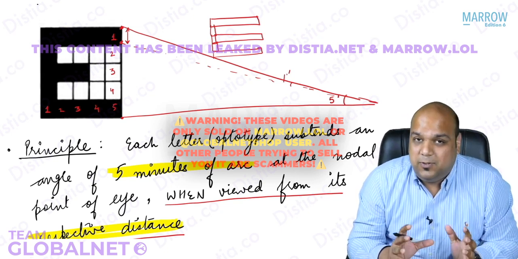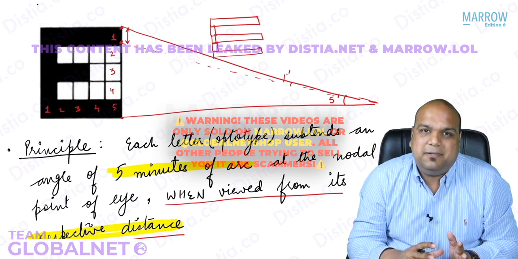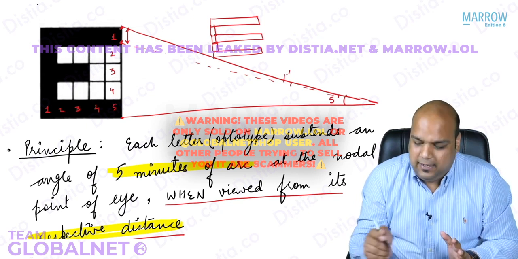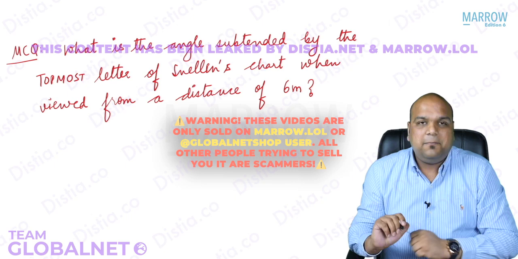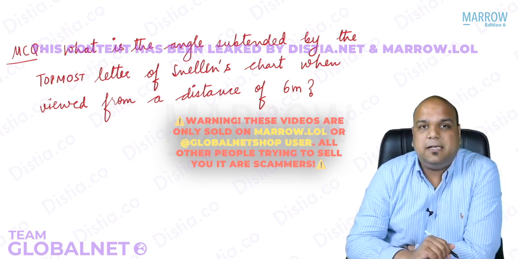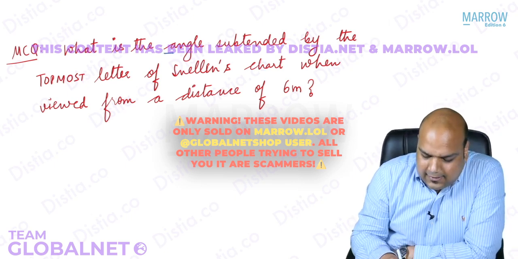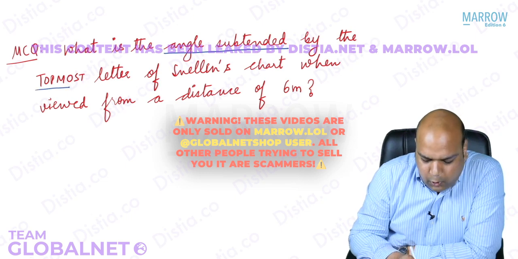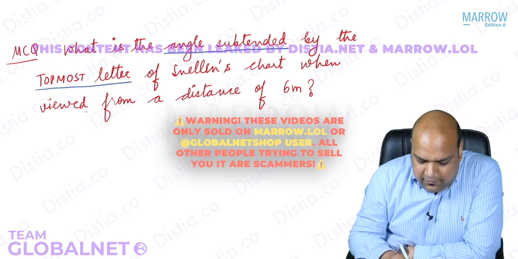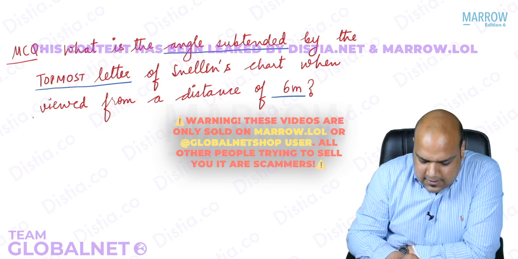I hope you have been able to understand the construction of the letter and the principle. If you have, then let's understand this question, everybody. This question was asked in AIIMS previously. What is the angle subtended by the topmost letter when viewed from 6 meters?